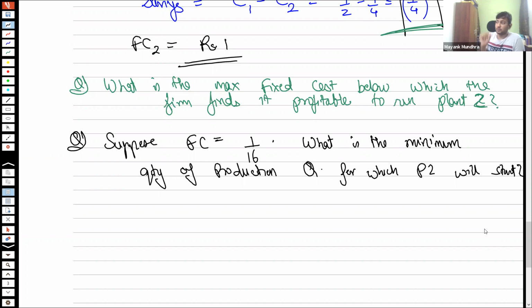Because the fixed cost 1 by 16 is greater than the production cost in plant 1, which is 1 by 100. So when fixed cost is 1 by 16, obviously for a very small quantity you don't want to start plant 2. So what is the threshold quantity, capital Q, at which you decide to start plant 2?